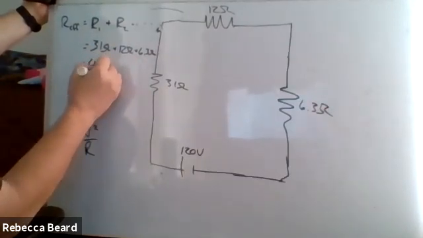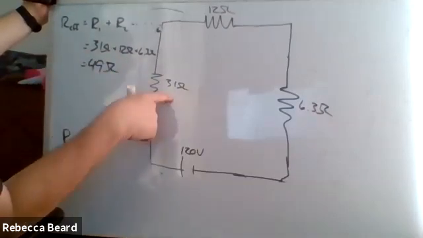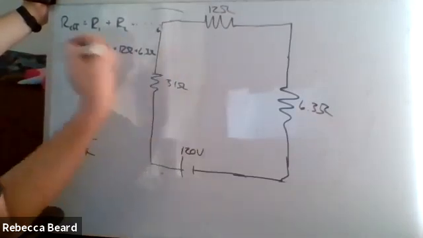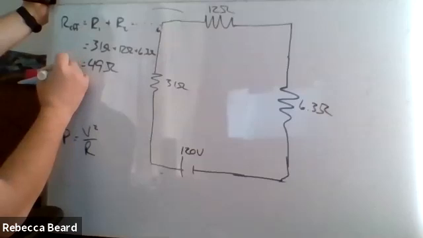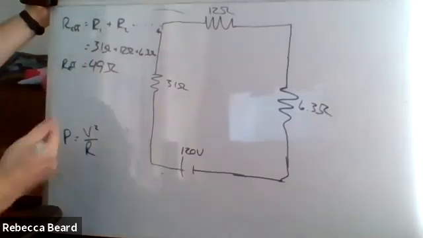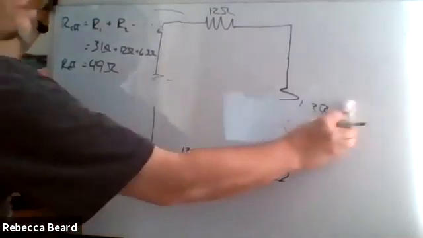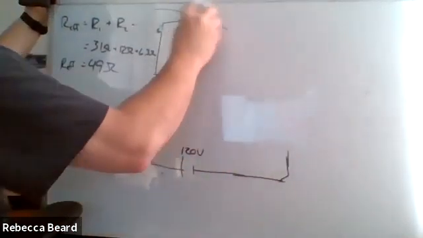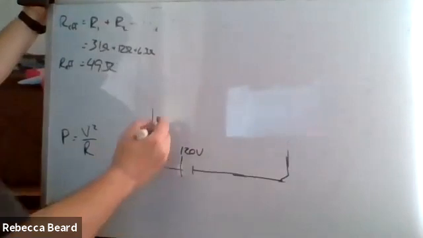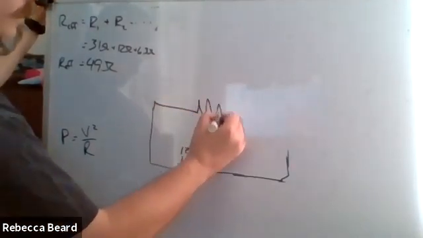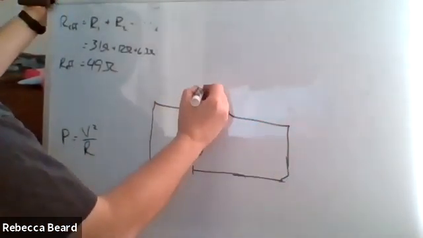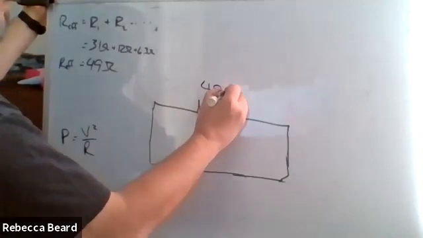I'm going to say 49 ohms. Did I do that right? 43 plus 6, yes. And because we're keeping the two significant figures, that's what we end up with. So now we can replace all three of these with a single effective resistor that is 49 ohms.